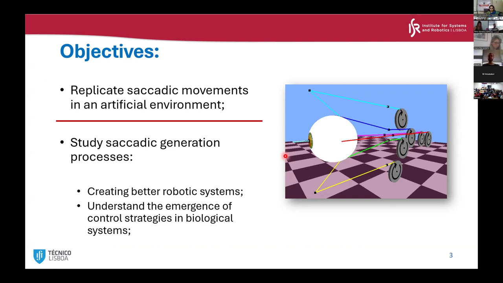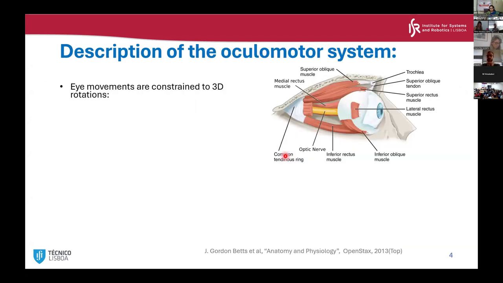In this work, we drew inspiration in many different ways from the real biological systems, and therefore some important information should be explained. For instance, the eye itself is constrained to moving in rotations, which are driven by 6 extraocular muscles, represented by these elements that I'm pointing to, that attach to both the eyeball and the skull in a non-symmetric configuration.